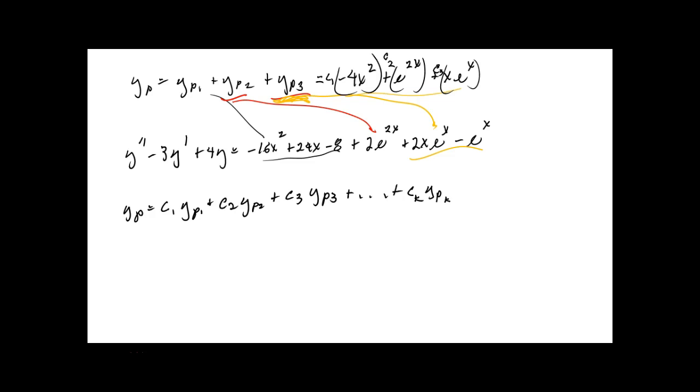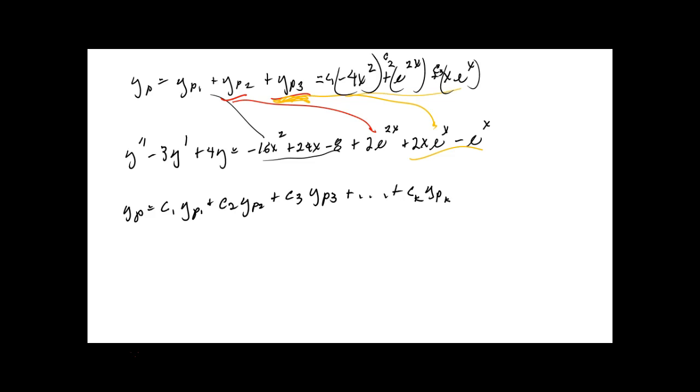Okay? In general, if you have k particular solutions for one given differential equation, phrase it another way. You have a given differential equation here, the homogeneous part, but the non-homogeneous part, you have a series of things. Now this is a polynomial. You can group those together.